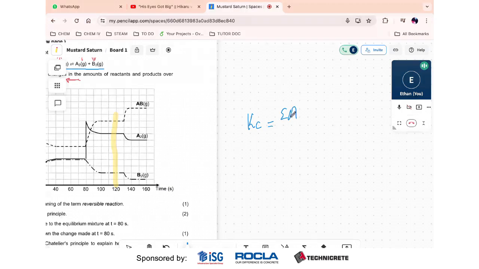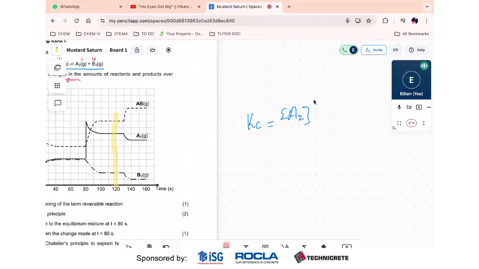So our products are A2. And because this 2 is not before our molecule, so it's just like a diatomic gaseous A molecule, something like H2 or Cl2 or N2 as well, we don't put it as an exponent.